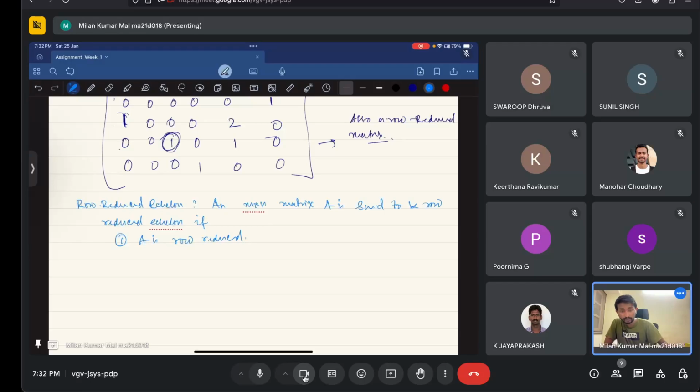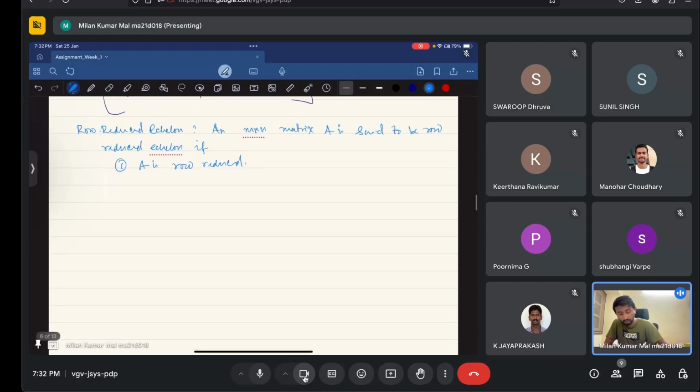First condition it is. But this is not all. It should satisfy two more conditions.